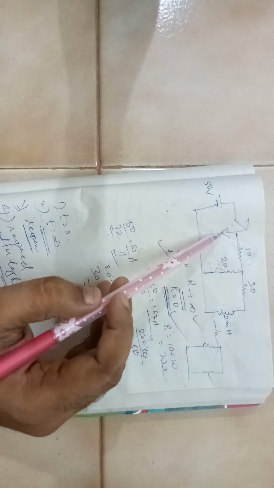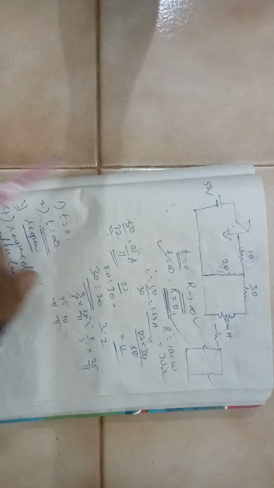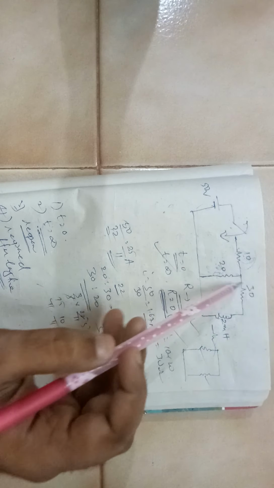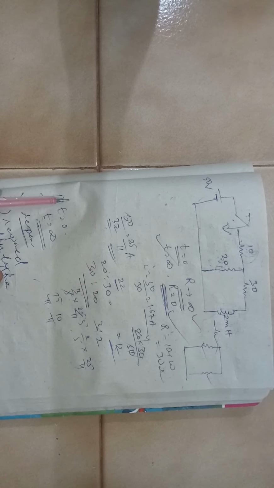So initially you closed it, then you opened it, then you reopened it after a very long time. What will happen? The current in all the three resistors will be almost negligibly equal to 0.